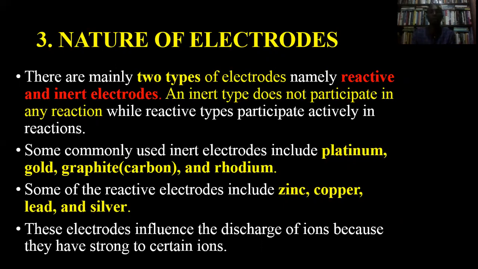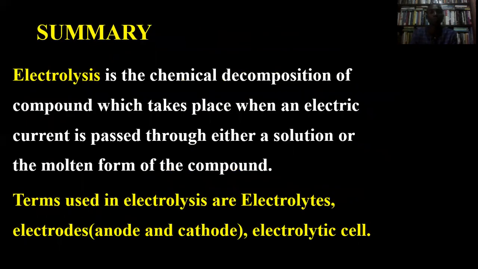So the electrode influences the discharge of ions because they have strong effects on certain ions. Remember, we are talking about factors that affect the preferential discharge of ions during electrolysis. So far we have said that electrolysis is the decomposition of compounds which takes place when an electric current is passed through the electrolyte, either in solution or in molten form.